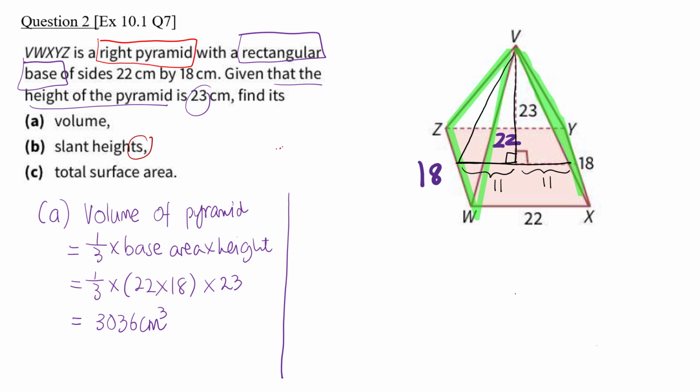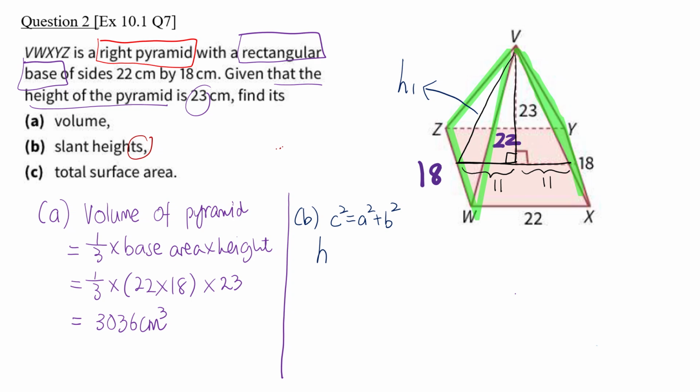So we can use Pythagoras theorem to find our slant height. I'm going to call this slant height H1. Pythagoras theorem: C squared equals A squared plus B squared. The value for C is the one opposite the 90 degrees, the longer side, which is our H1.